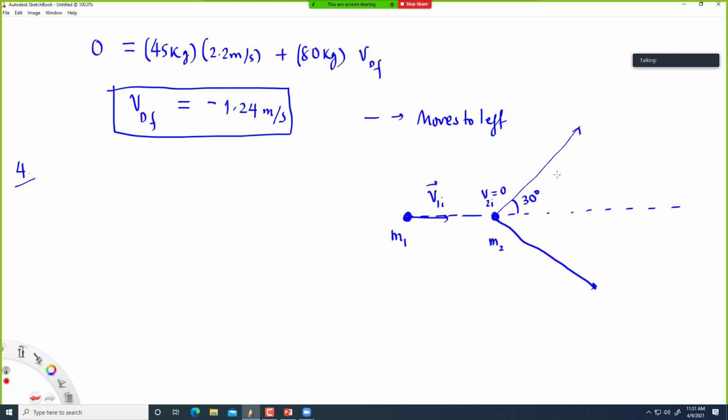So let's say m2 moves along this line and m1 moves along this direction. So that means the velocity of this one would be velocity of the second mass and its final. Okay, after collision means final. So this one is velocity of the first one and it's after collision. Okay, so that's the scenario here.